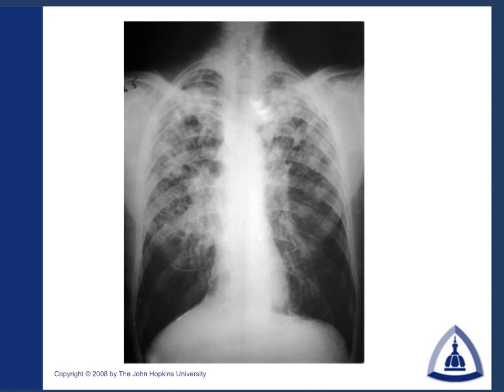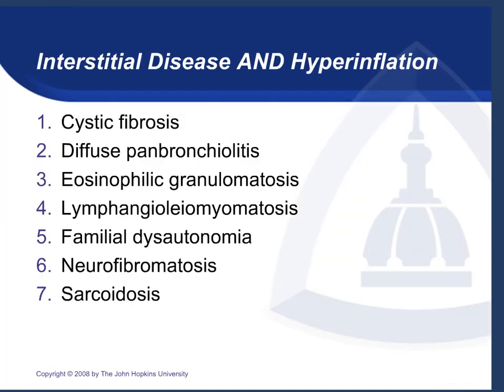Now, jumping back to these 2 X-rays, we do notice that there's a significant amount of hyperinflation. The rib spaces are far apart. The diaphragm, at least this left one here, and both of these diaphragms are relatively flat. So there is a differential for interstitial disease and hyperinflation.